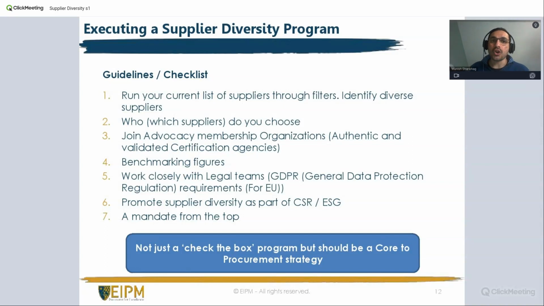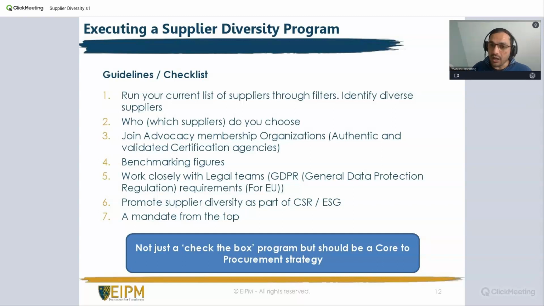They're pretty popular in the US, fairly popular in Europe, and growing in the UK and other areas as well. You can look up your country, find out who these supplier diversity advocacy programs are, and then join them, and you can get into the network or the ecosystem of this base already.